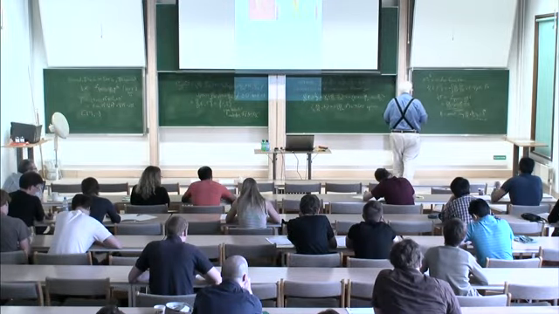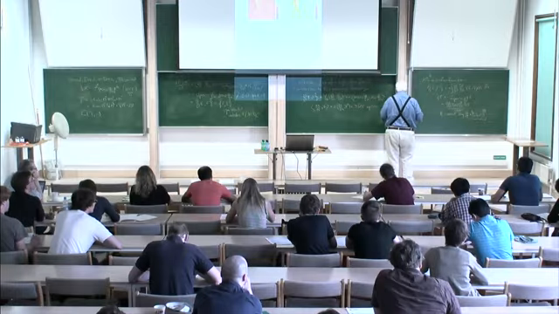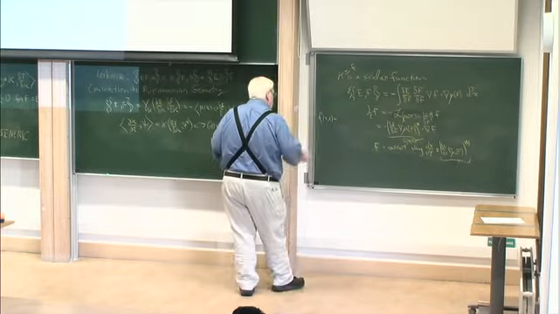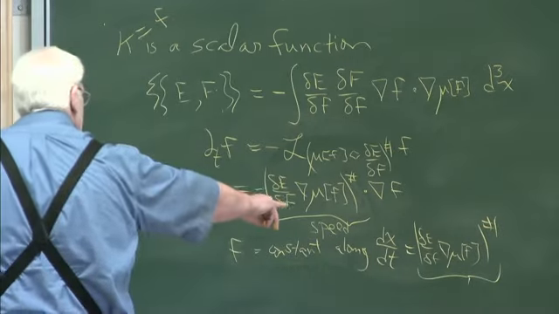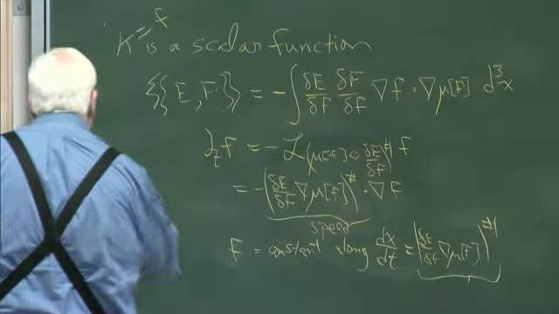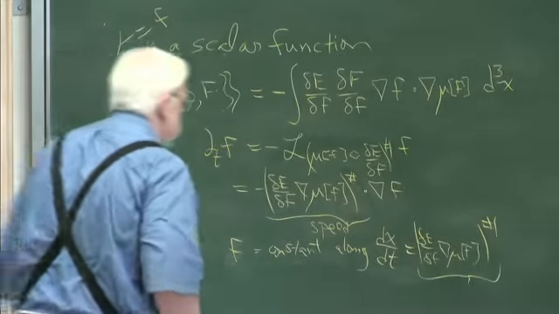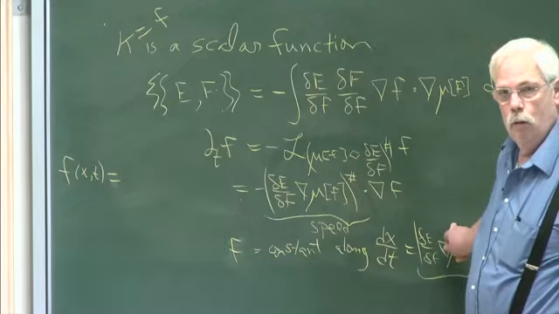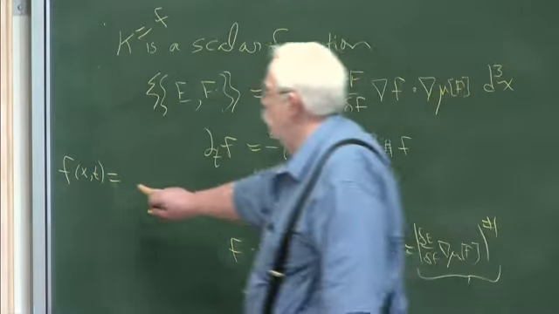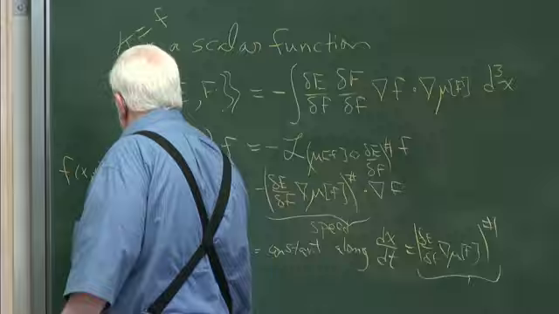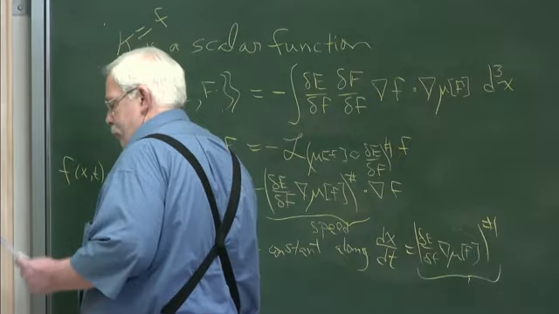I have just enough space to also write the solution. F of x and t, if dE dF and mu of f are smooth, so that this vector field is smooth, then it has solutions which are sums over delta functions.